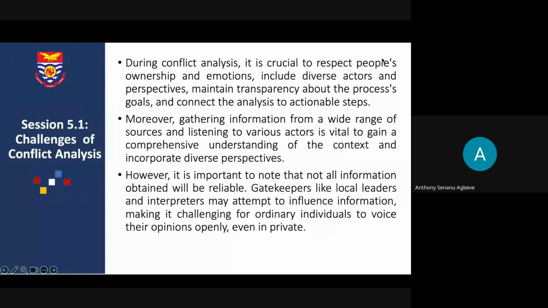So one of the challenges that is likely to pop up is that you have to respect people's emotions, right? Like yesterday, if you recall, I mentioned that. For instance, you've gone to the field and you want to interview people regarding the situation within the conflict zone, and the person starts talking, and the person starts crying.